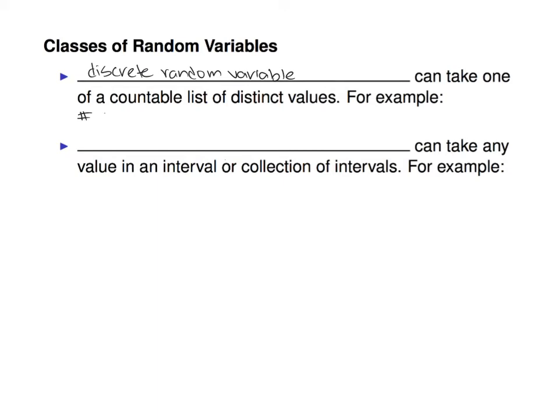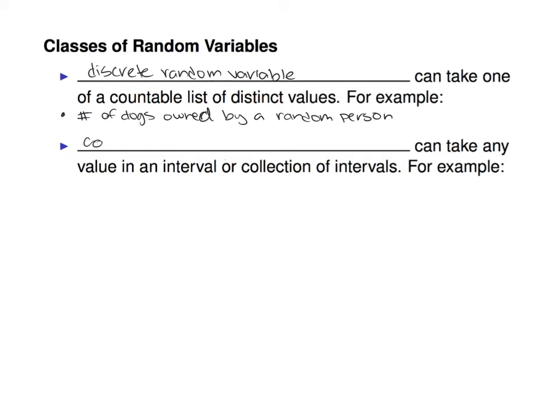Another example could be the number of dogs owned by a random person. Even if your dog is missing a leg, it's still a whole dog. And on the other flip side, a continuous random variable can take any value in an interval or collection of intervals.